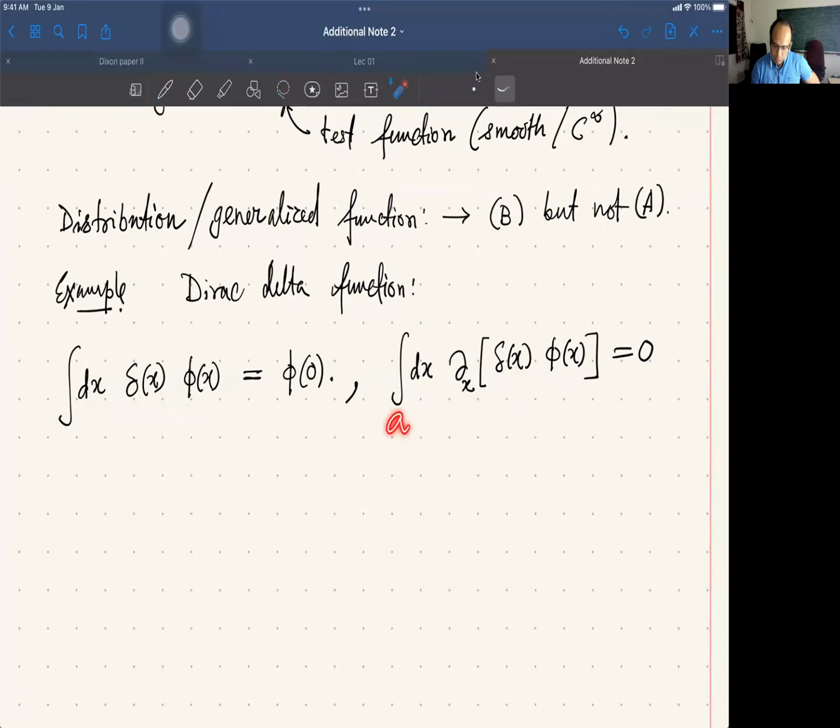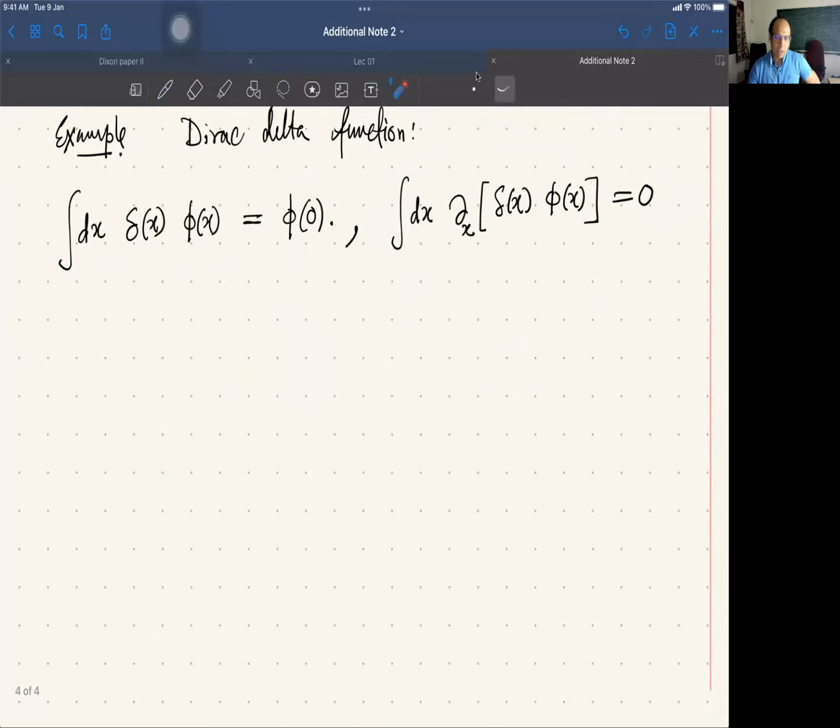It is a to b, which includes the x equal to 0 point, and this total derivative takes you to the boundary, and that result will involve delta calculated at the boundary values, and since delta is supported only at x equal to 0, the result is 0. So this way, you can calculate integrals of expressions which involve delta(x).